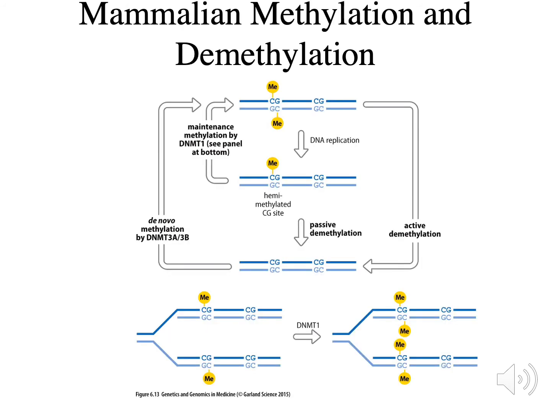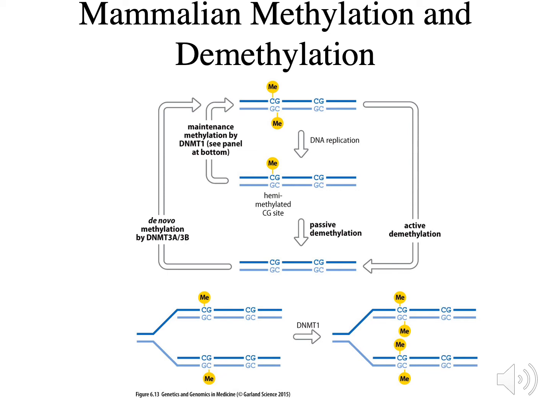This next slide is a nice summary slide that depicts DNA methylation and demethylation mechanisms in mammalian cells. Again, during DNA replication of a DNA molecule, the methylated CG dinucleotides are present on the parental strand, and these are retained during replication.